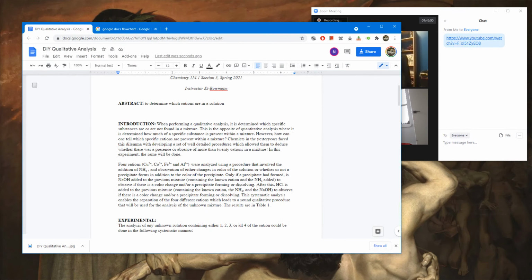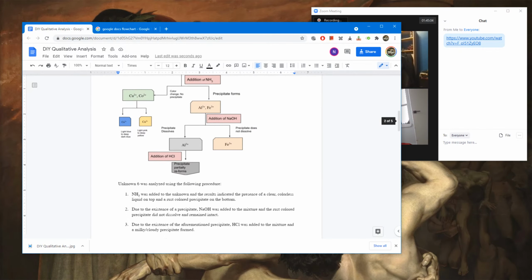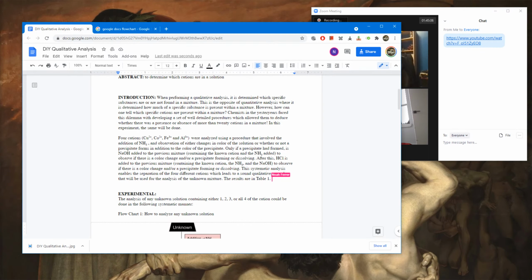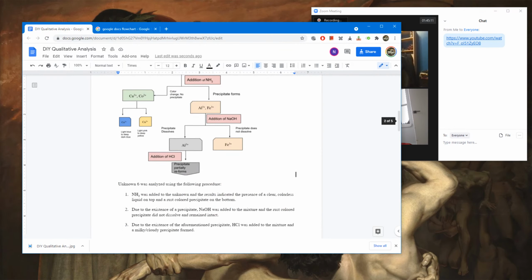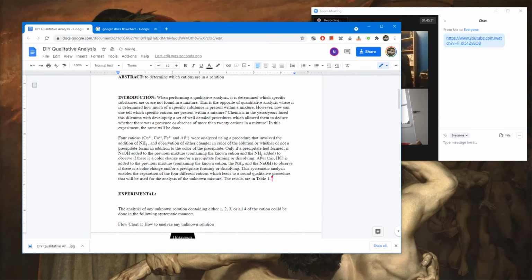Oh, can we look at the introduction really quick? Wait, where did that stuff about table 1 go? For the experimental, the first thing we do is the experiments for the known. Oh, you put it in the introduction? Yeah. So that should be the first part of the experimental.